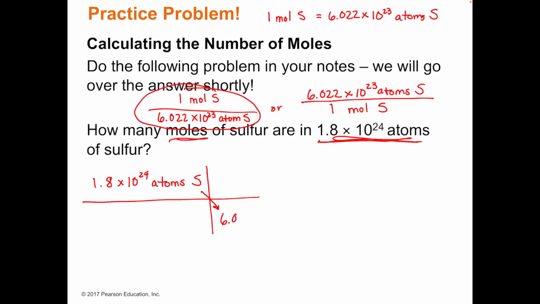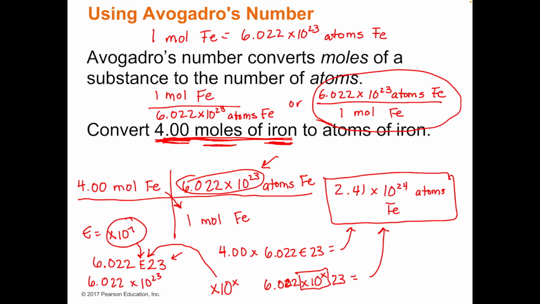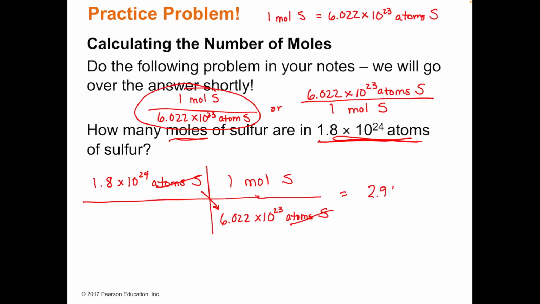So we have 6.022 times 10 to the 23rd atoms of sulfur, and on the top, we will have 1 mole of sulfur. So atoms of sulfur cancels atoms of sulfur. We're left with moles of sulfur, which is what we were trying to find. And if we multiply all of that out and divide it up, we will get 2.99 moles of sulfur. So again, make sure your answer always has your number, your unit, and your chemical.